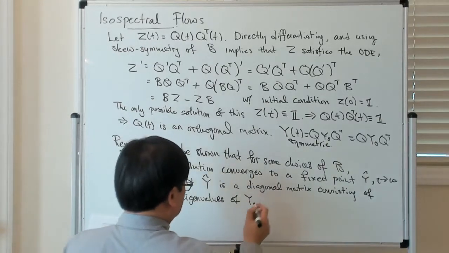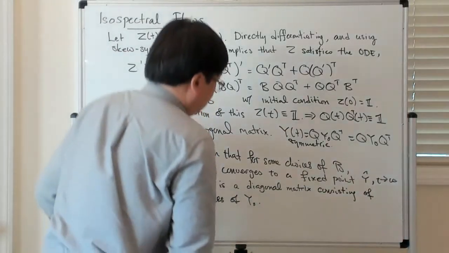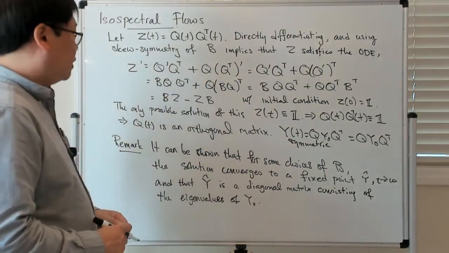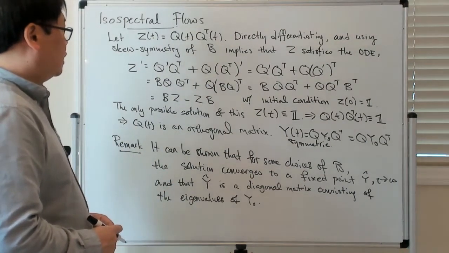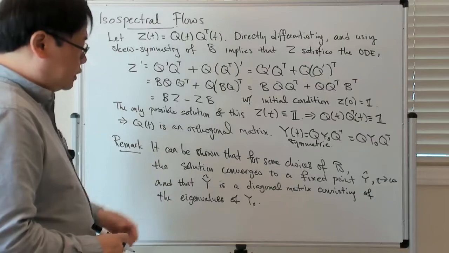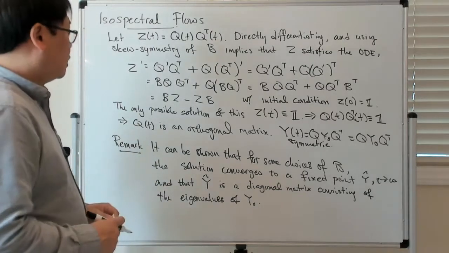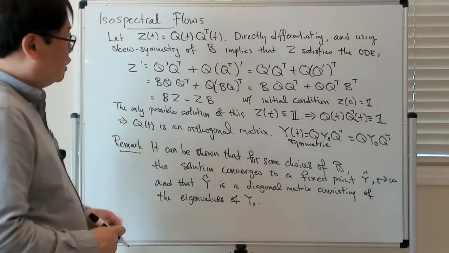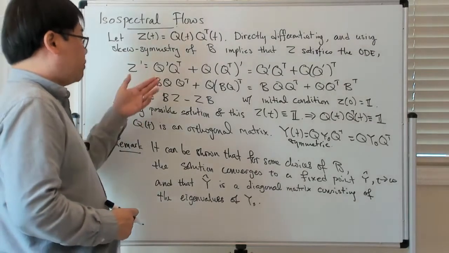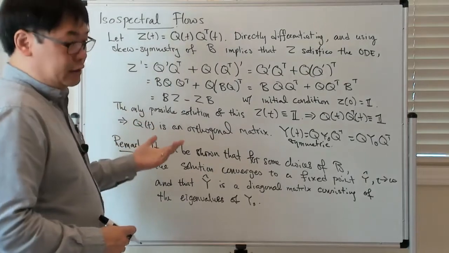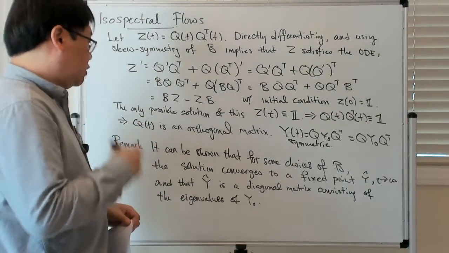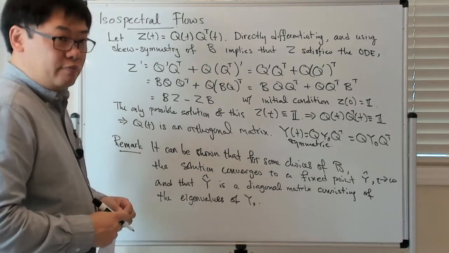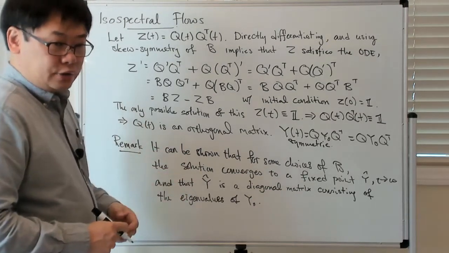And why is that interesting? It's interesting because, in principle, it suggests that if your goal was to compute the eigenvalues of some given symmetric matrix Y0, you could imagine some numerical discretization of this isospectral flow map, which would then, under discretization, yield an iterative method for computing those eigenvalues.